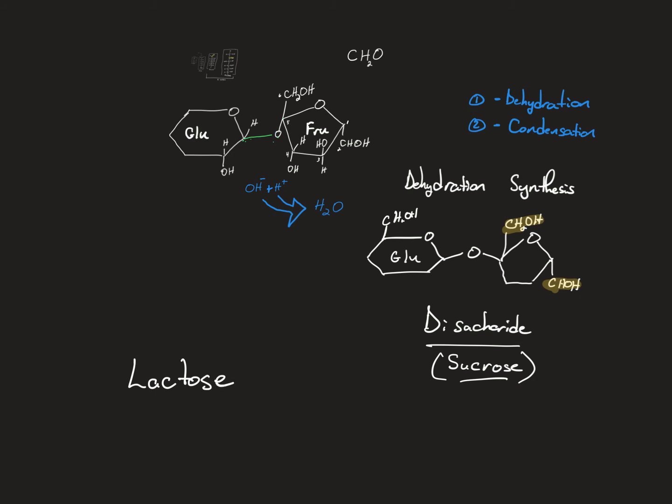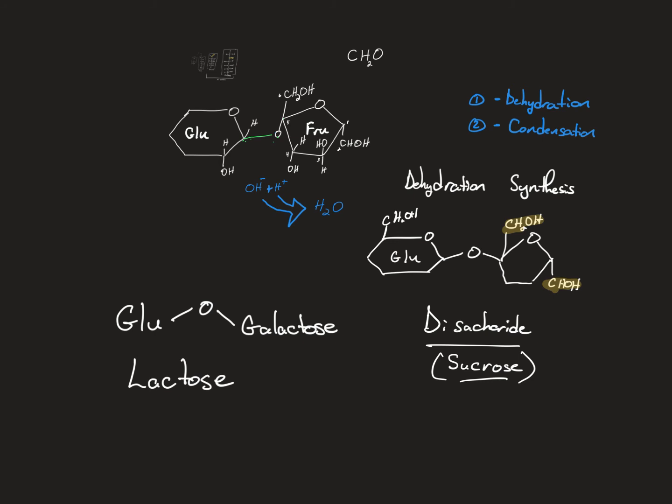And that's a 6-carbon sugar known as glucose connected to a 6-carbon sugar known as galactose. I wrote out galactose because I think it's one you may not remember or have seen.